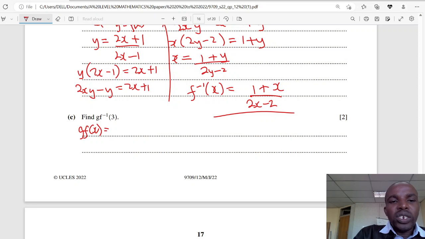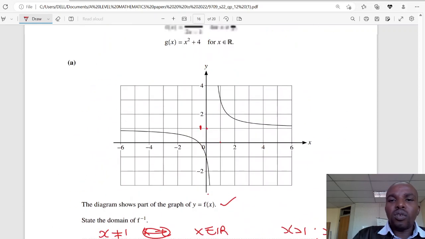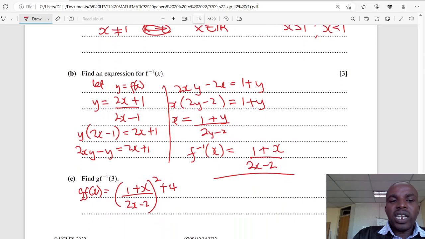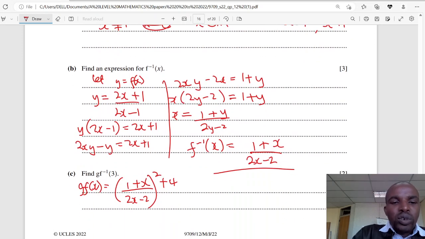So your g will be x squared, so it's ((1 plus x) over (2x minus 2)) squared plus 4. Yes, like this. Then you put g f of 3, where there's x, you put 3 now.